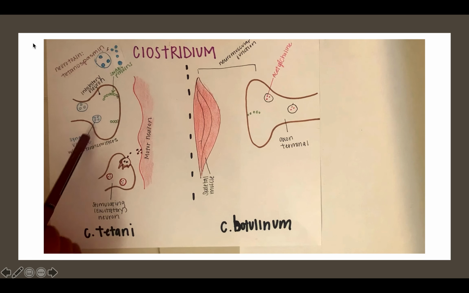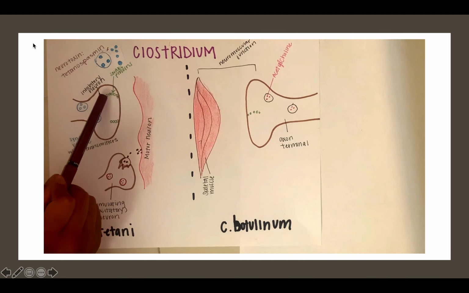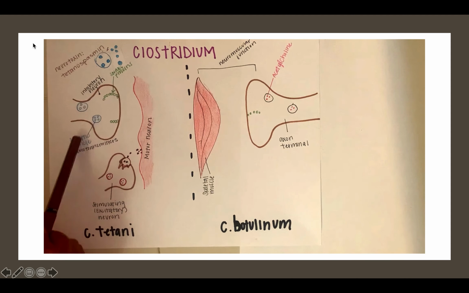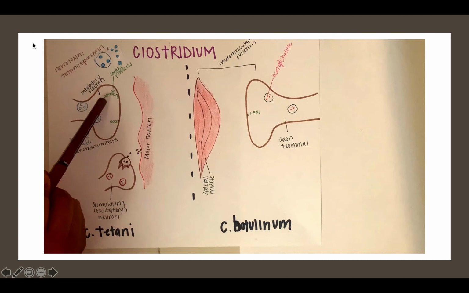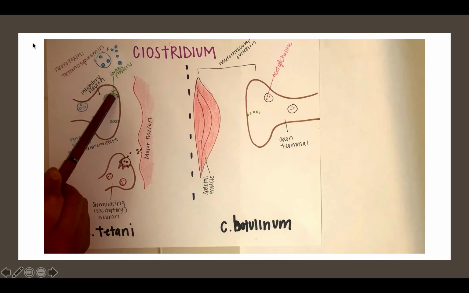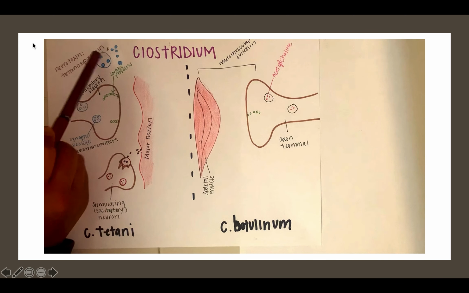And within these vesicles, we have neurotransmitters. The vesicles with the neurotransmitters are going to be fused by these things called snare proteins. And this is what's going to pull these vesicles and allow these neurotransmitters to be released.